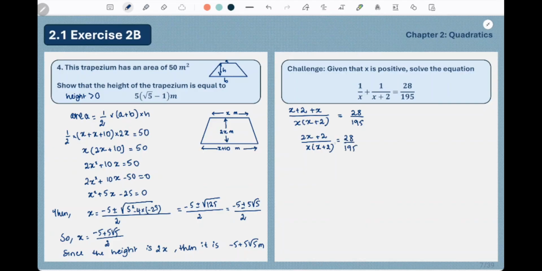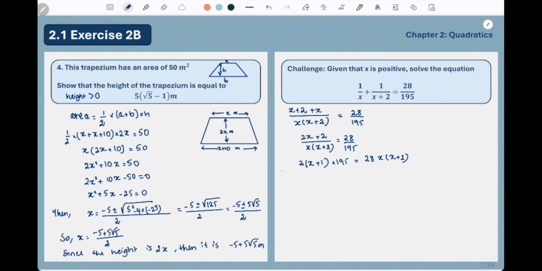So I'll multiply this together with this, equal the product of this with this, okay? So we're going to get 2, first of all, I'm going to factorize this one, and I'll multiply by 195, equal 28 x plus 2.